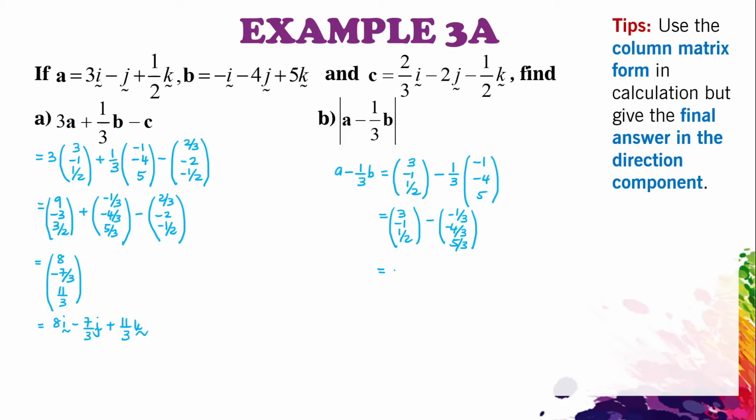And then we simplify, we're going to have the answer, which is 10 over 3, 1 over 3, negative 7 over 6. Or in the direction component form, we have 10 over 3 i plus 1 over 3 j minus 7 over 6 k.